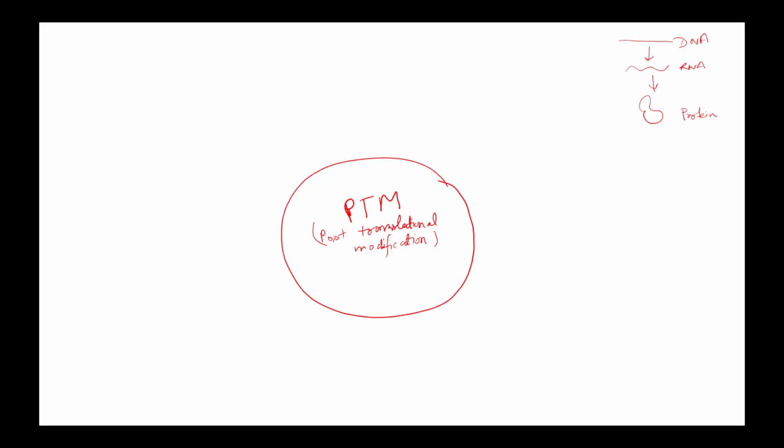So after the protein is synthesized by this machinery, further modifications which take place in this protein are called post-translational modification. These modifications can change the protein structure.